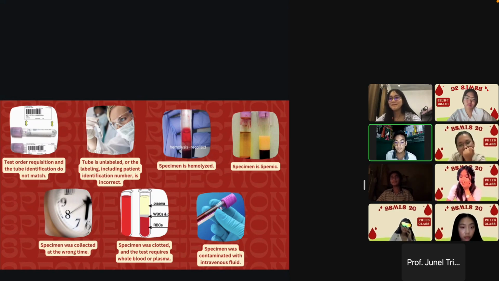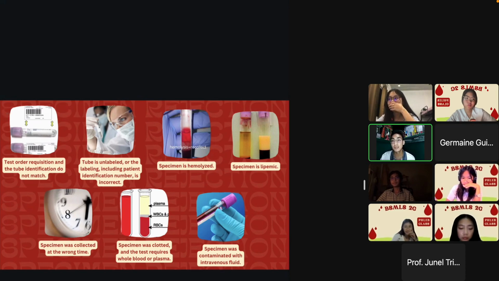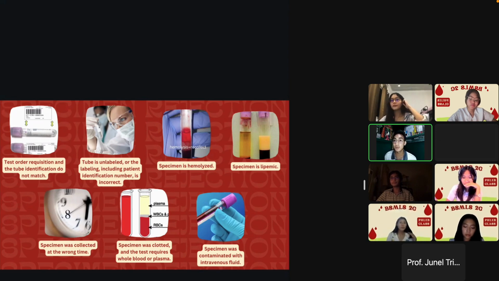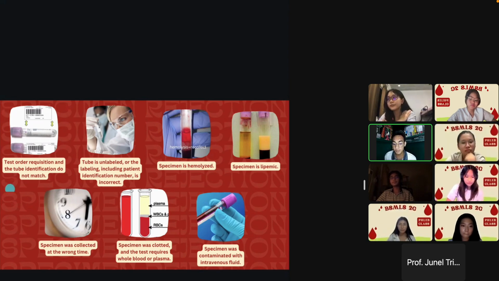Next would be the specimen was collected at the wrong time. Yun nga, di ba, one of our requirements is that for timed specimens, dapat na-collect siya within that time period na required. Next is that the specimen was clotted and the test request requires whole blood or plasma.